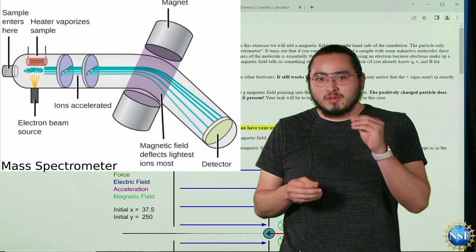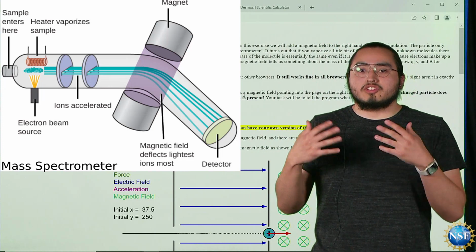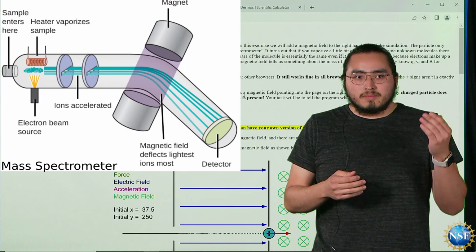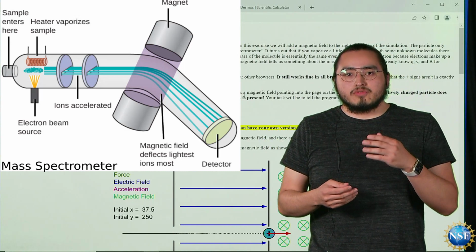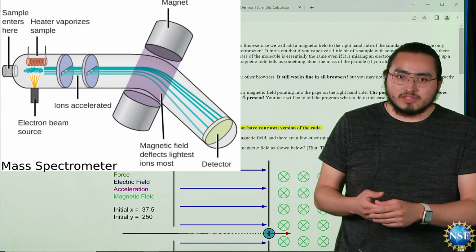Well, I don't know exactly, but they vaporize it, and if something gets singly charged, singly ionized, it's then accelerated through an electric field, and then it's acted upon by a magnetic field.